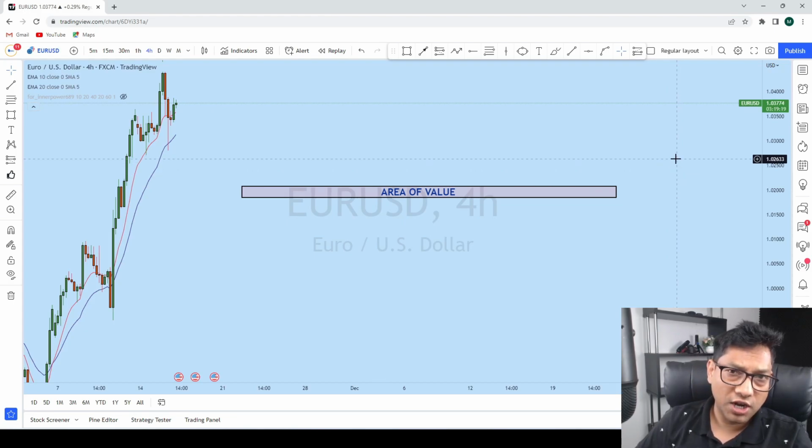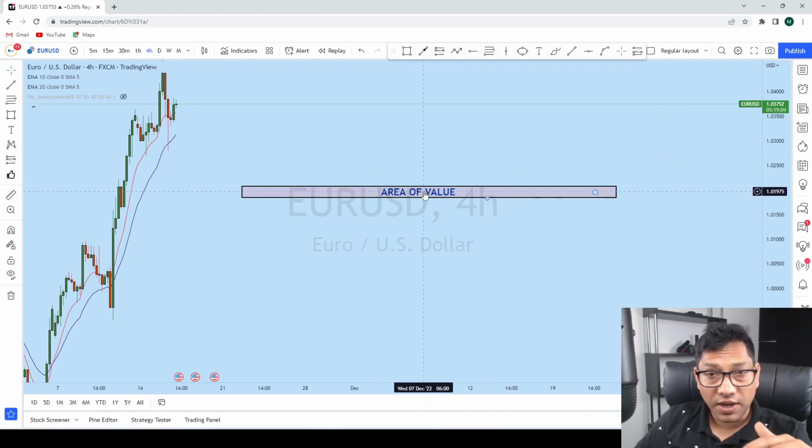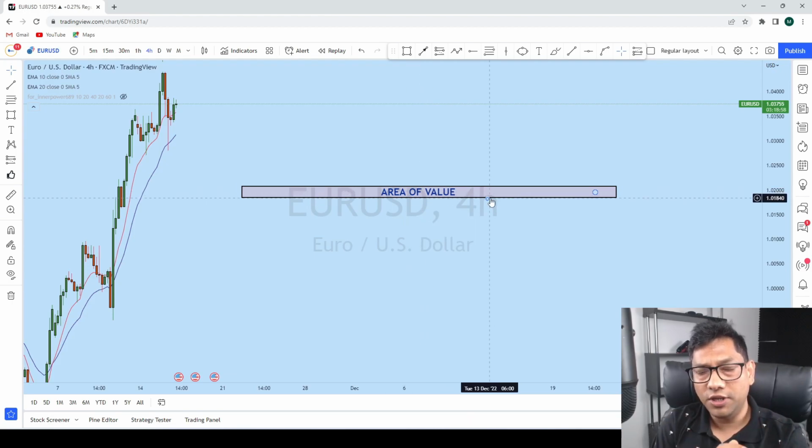I'll show you in the chart how it looks, where you shouldn't place your stop loss, but let me explain the theory behind why you shouldn't place a stop loss in an area of value. Now if you see this kind of area of value, this level is where there is high liquidity, and liquidity acts like a magnet for the price.